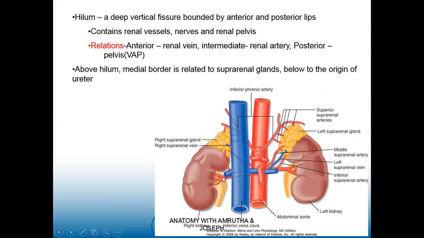So vein, artery, pelvis: VAP. Now above the hilum, the medial border is related to the suprarenal gland, and on the lower aspect, the medial border is related to the origin of the ureter. The pelvis is continuing as the ureter.